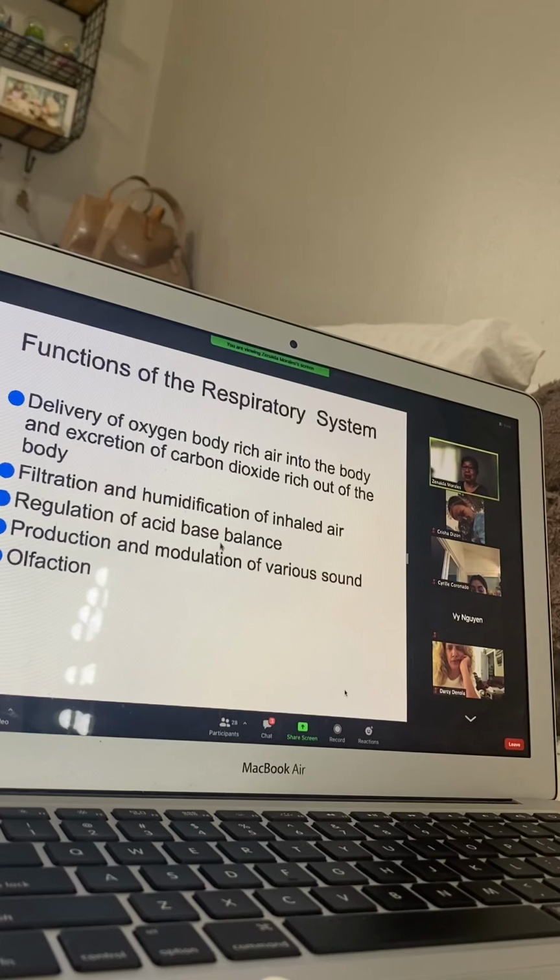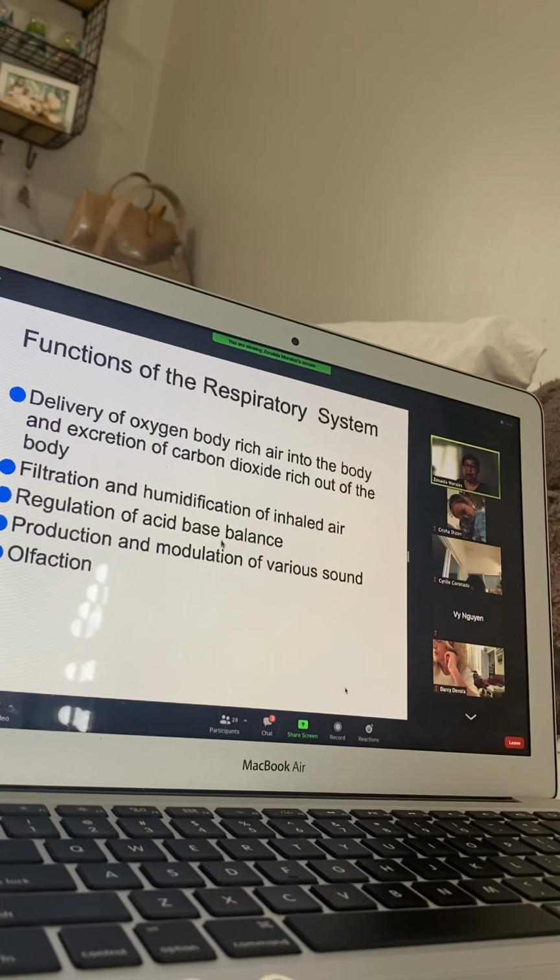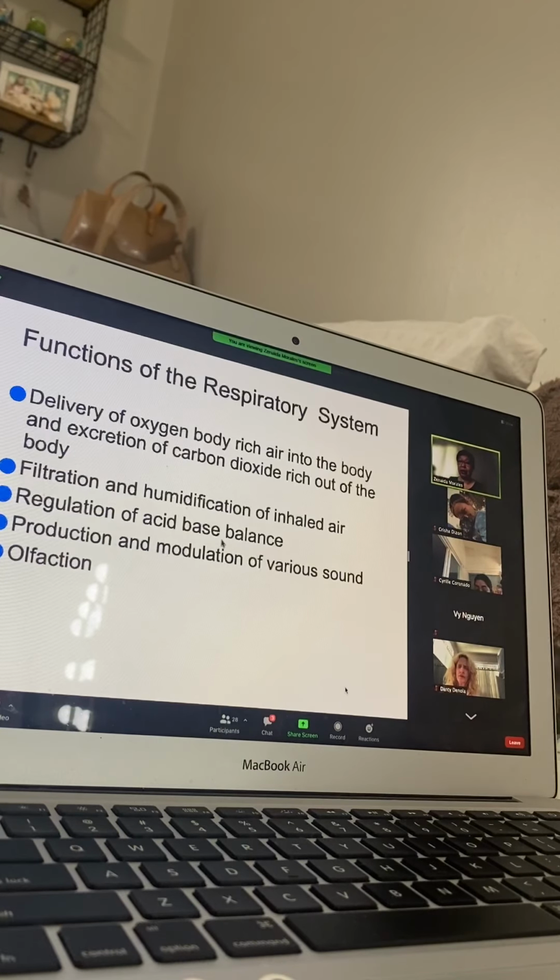Regulation of acid-base balance. Remember, carbon dioxide is carried by the blood, by your venous circulation. When carbon dioxide is mixed with the venous blood, there is an enzyme that catalyzes the carbon dioxide, and it mixes with water that is present in the blood. Blood is made up of water. When carbon dioxide is mixed with the blood, it forms bicarbonates.